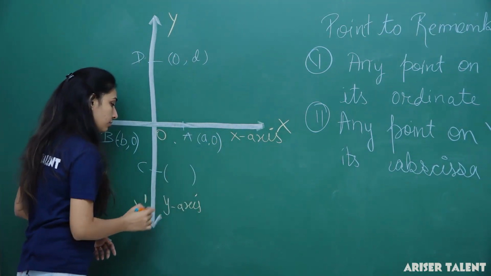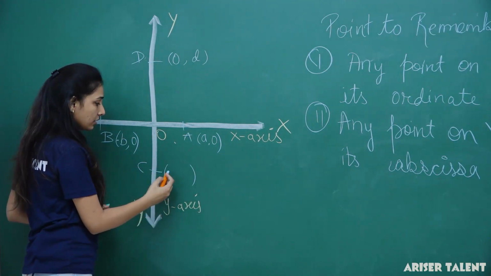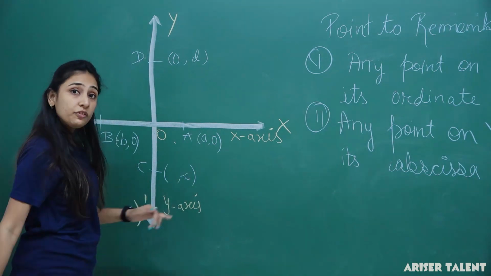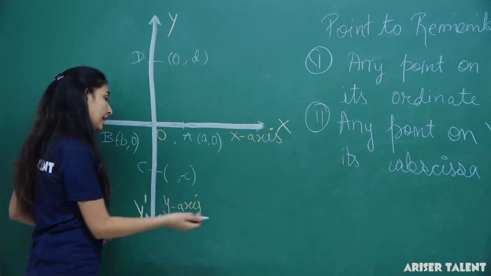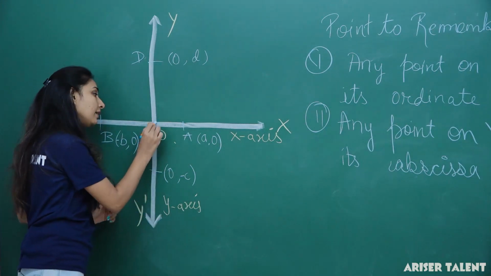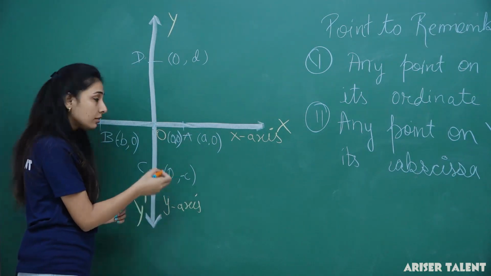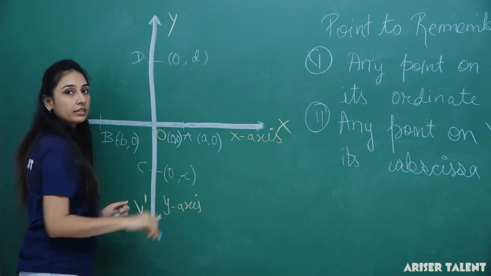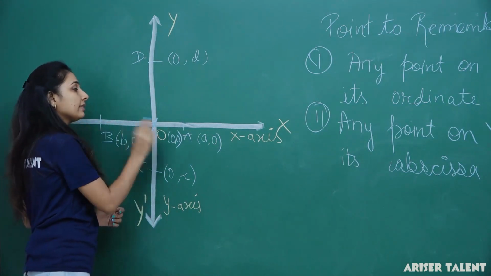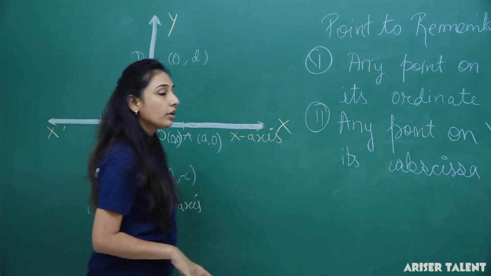Similarly on the negative part of this axis, the abscissa will always be 0. This will be O, that is 0, 0, because this point is the meeting point of the x-axis and y-axis, and here my scale starts. The x-axis has 0 and the y-axis has 0 here, so that is 0, 0. Okay, note this.